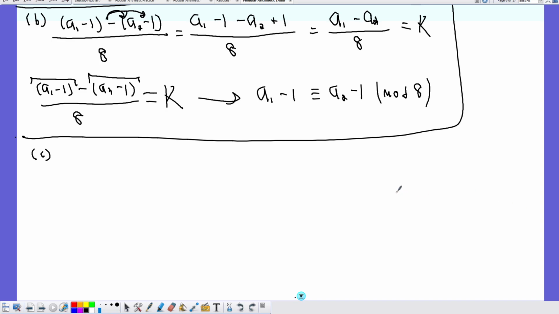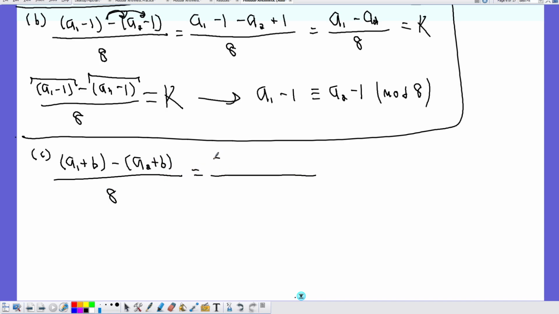So, let's set it up the same exact way as before. a1 plus b minus a2 plus b, over 8. That is the same as a1 plus b minus a2 minus b over 8. Positive b and negative b cancel out, and we're left with, again, just a1 minus a2 over 8, which is equal to k.